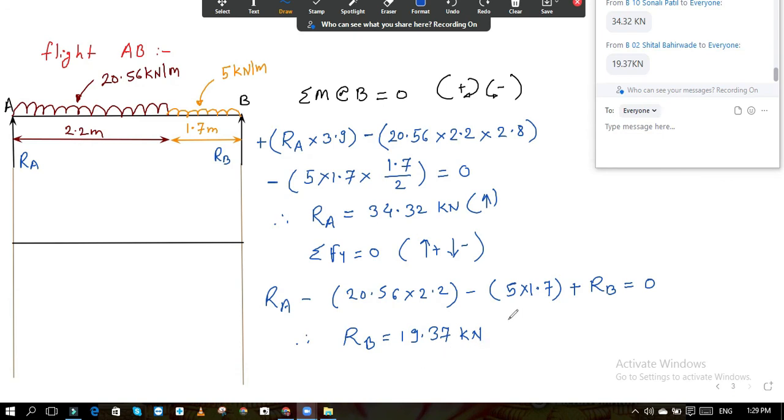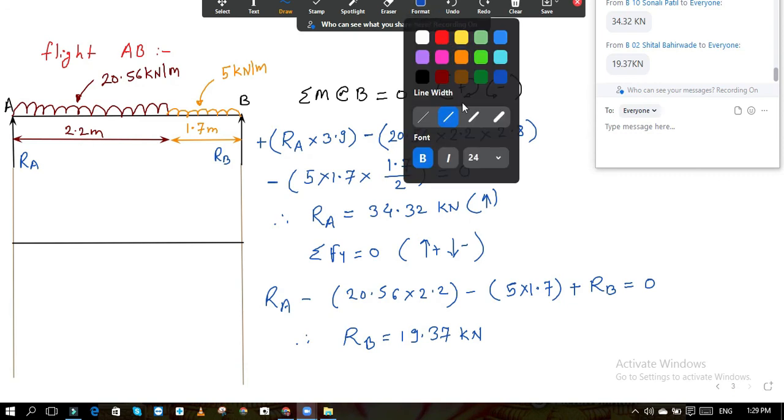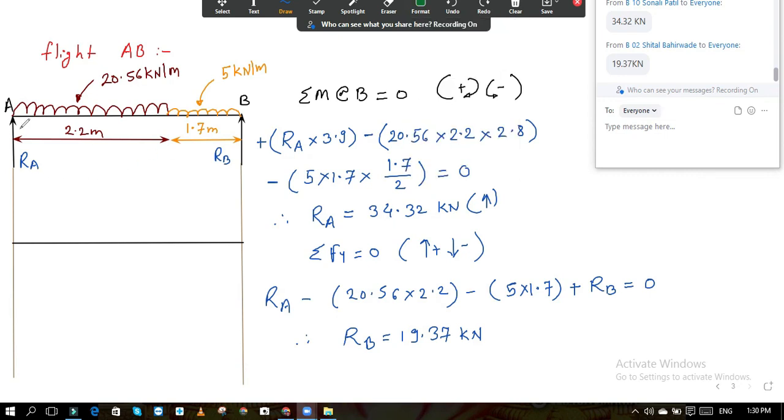Now we will draw the shear force diagram directly. Just be ready with your calculator only. Always we start from left to right, so our left hand point is A. At A the force is upward.